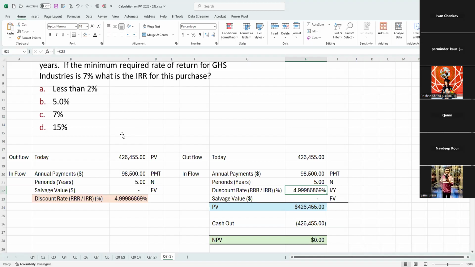If the industry acceptable rate is 7%, shall we accept this project? Did we get 7%? No. Accept or not accept? Not accept. Right? How much are we getting? Only 5%. Can you see it? Yes, sir.